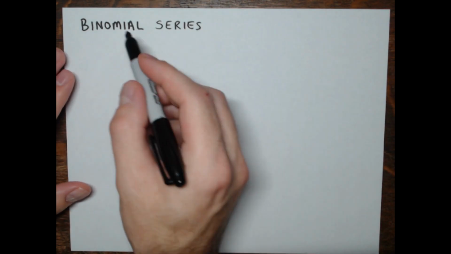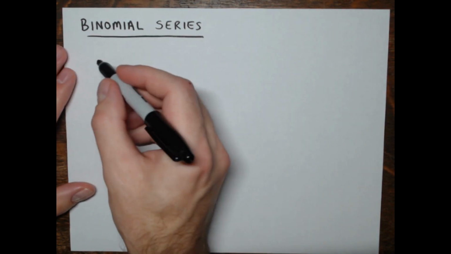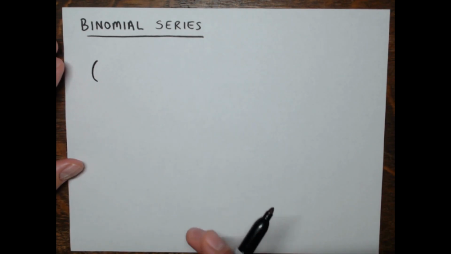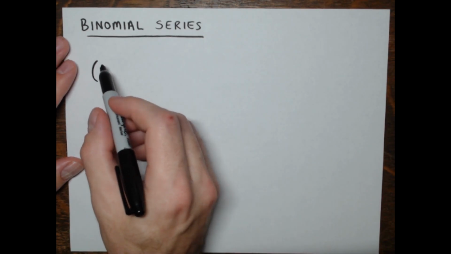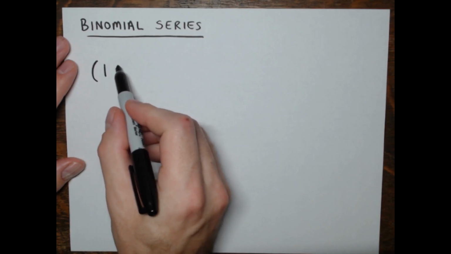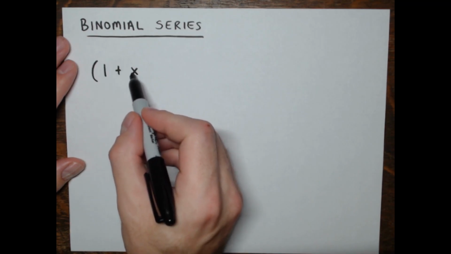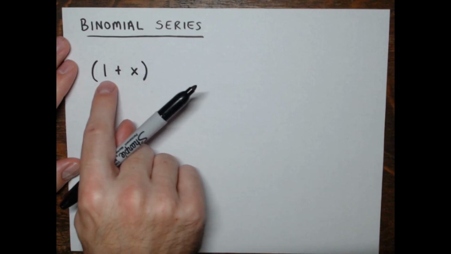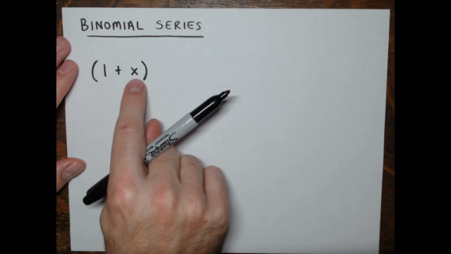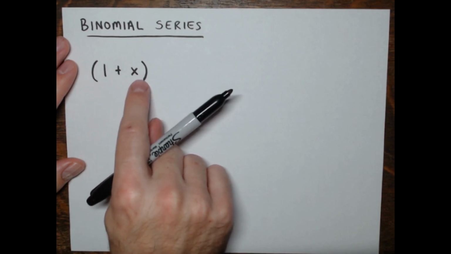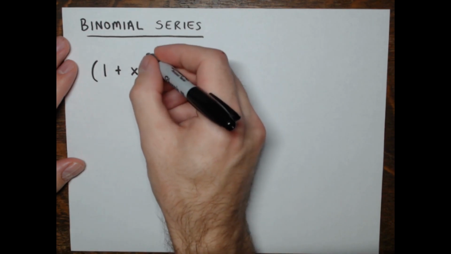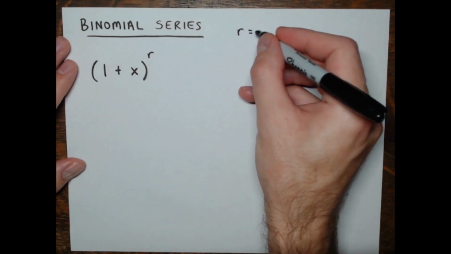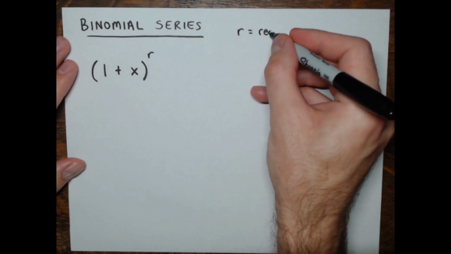Typically, this is introduced in the following fashion: 1 plus x. There's a binomial, right? 1 plus x, two terms. A binomial raised to a real number power r. So again, r is just some real number.